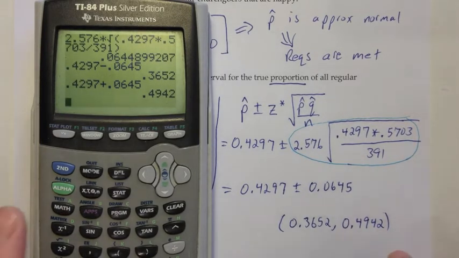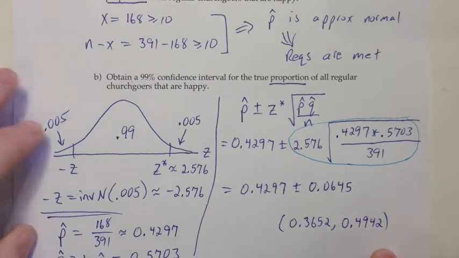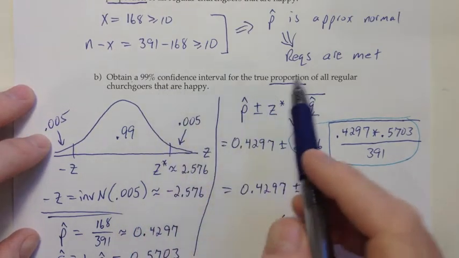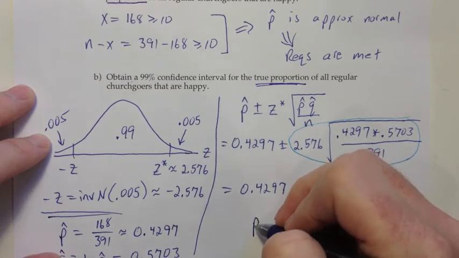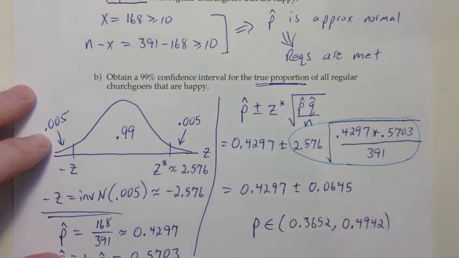And then what were we doing a confidence interval for in the first place? We were trying to find a confidence interval for the true proportion, and the symbol for the true proportion, or the population proportion, is p. So I'm going to say that I'm 99% confident that p is an element of this interval that goes from 0.3652 to 0.4942.